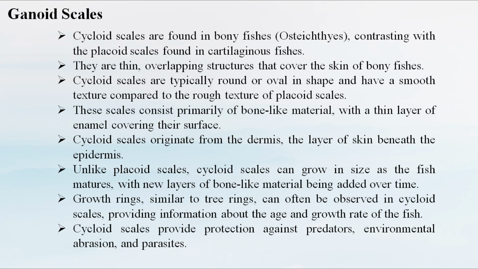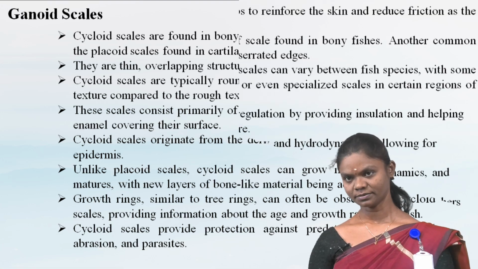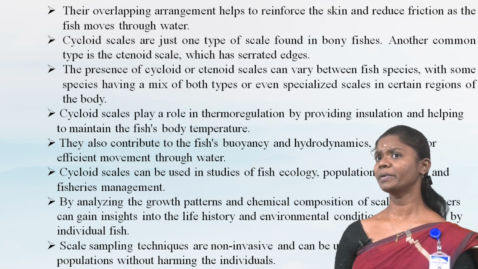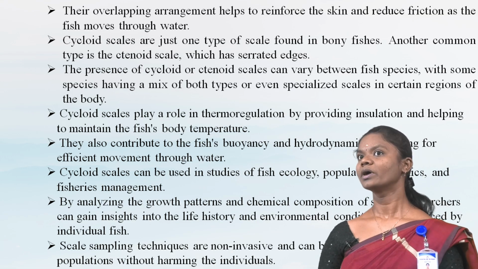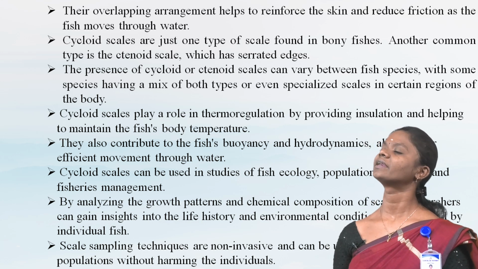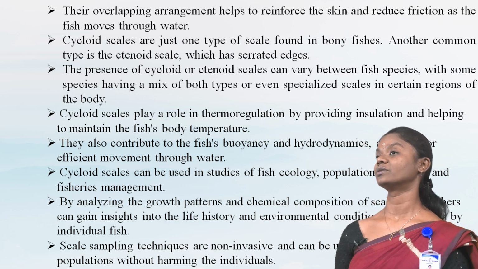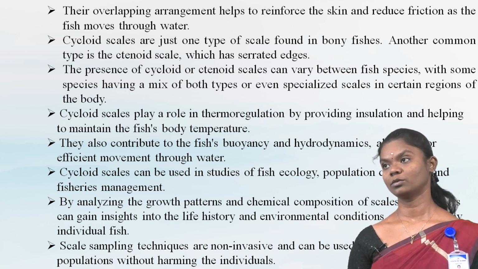Cycloid scales provide protection against predators, environmental factors, and parasites, and their overlapping arrangement helps to reinforce the skin and reduce friction as the fish move through water.